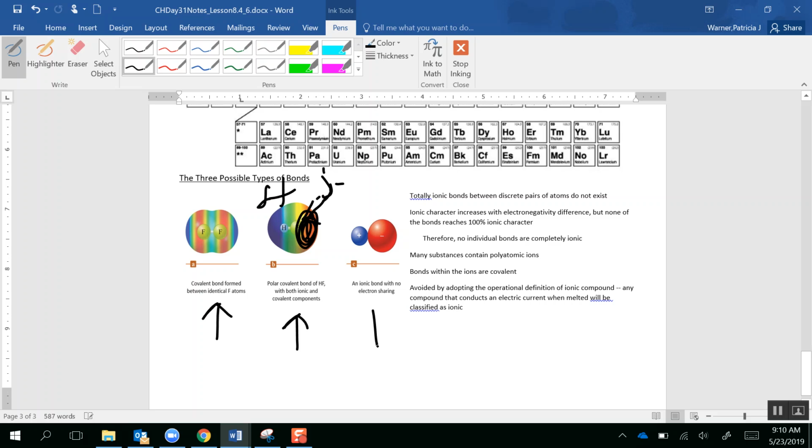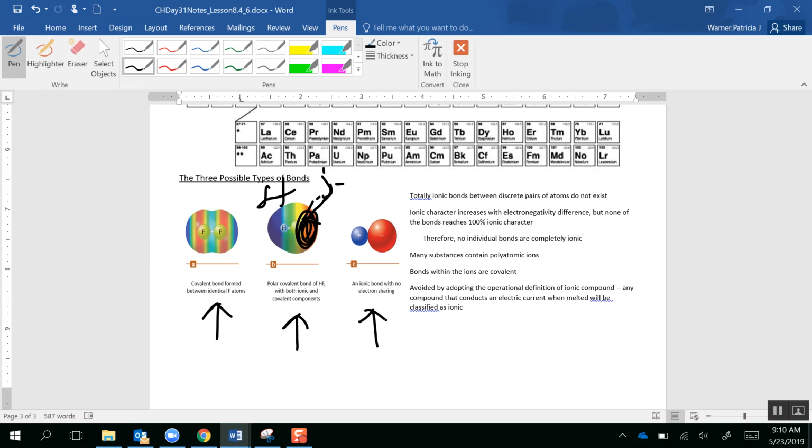And then ionic bond is complete exchange of electrons. You'll notice in these diagrams, the positive is represented by blue, the negative is represented by red, and in this instance, the anion has pulled all that electron density to it.